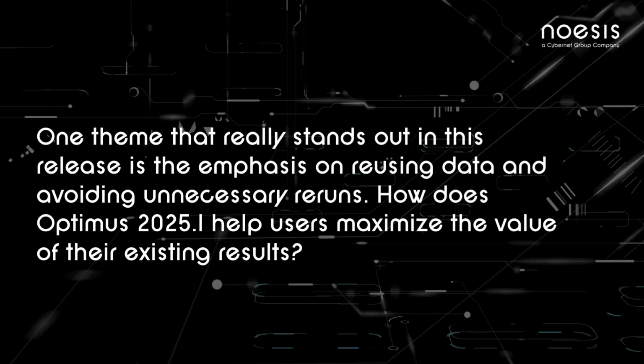Yeah, thank you. So the next question is, there's one theme in this release that stands out. It is the emphasis of reusing data and avoiding unnecessary reruns. So how does Optimus 2025.1 help users maximize the value of their existing results? Yeah, exactly.